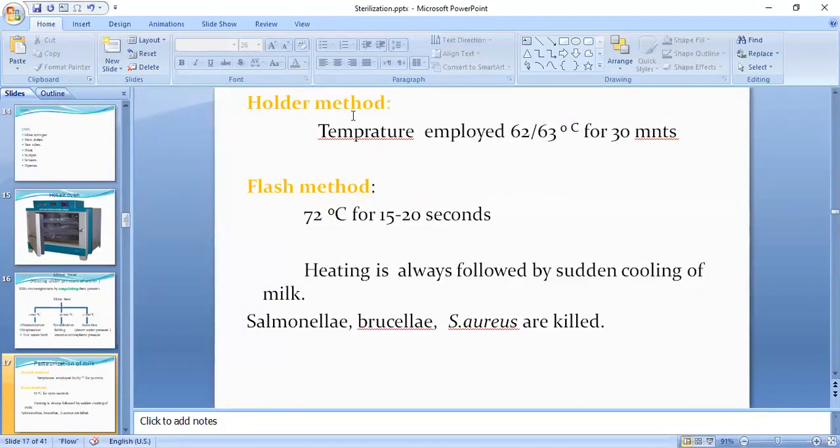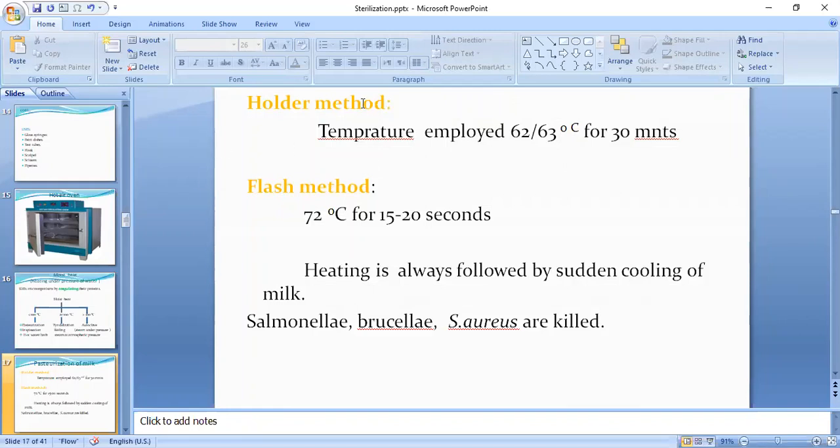So memorize these two methods of pasteurization. In case of the flash method, 72 centigrade for 15 to 20 seconds, the heating is always followed by sudden cooling of milk.